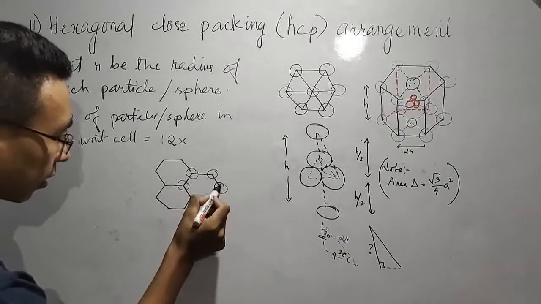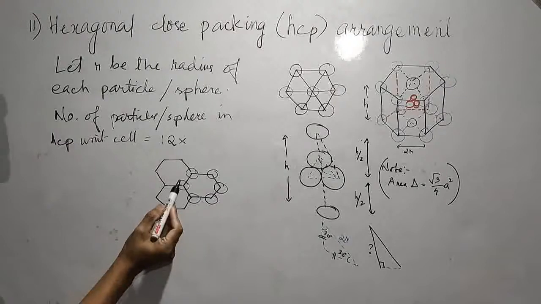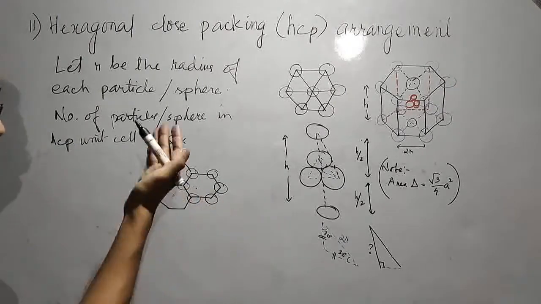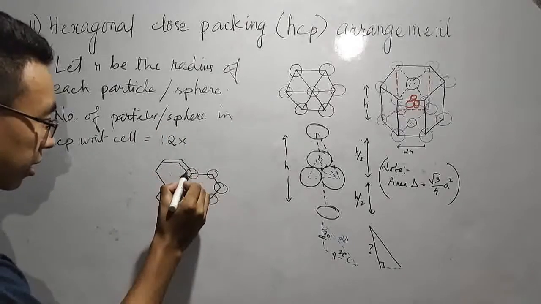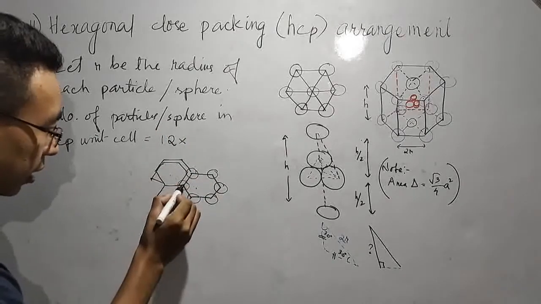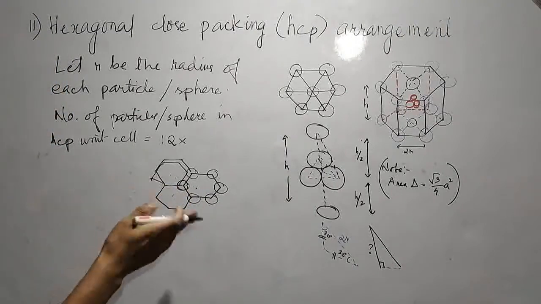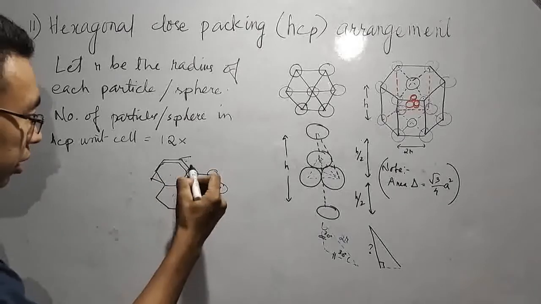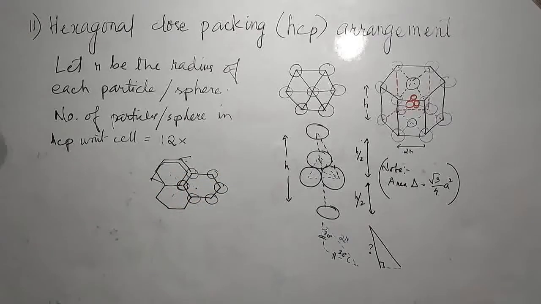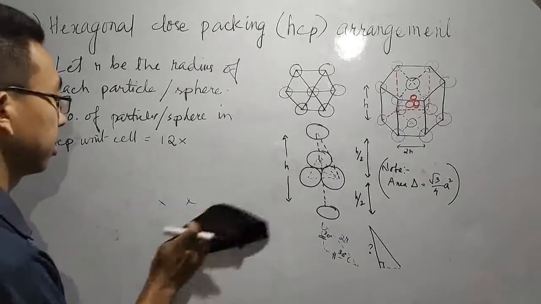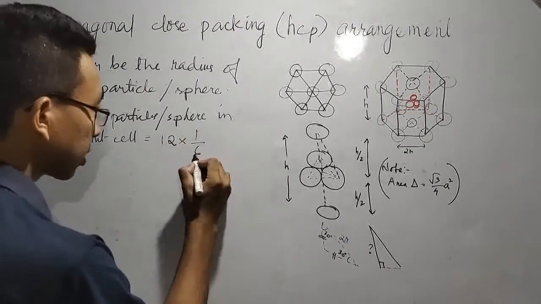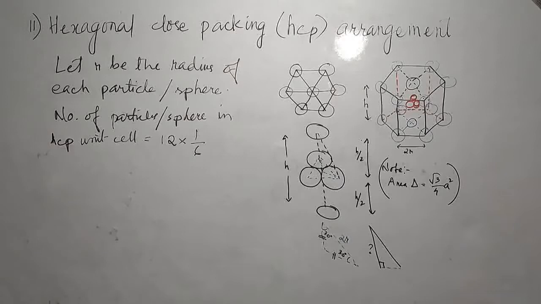See, one atom is shared with 3 unit cells. This is one layer. Then on top there will be another layer like this, with which this atom will be sharing again. So all total, downside 3 unit cells, upside 3 unit cells. That means these 12 particles or atoms are shared among 6 unit cells. Therefore it contributes only 1/6 of its portion to one unit cell.